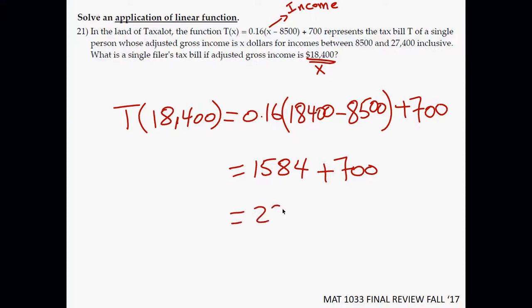And the final answer would be $2,284. And that would be part D. And this is from section 1.1, which is plugging in. You just plug the value of x, 18,400.